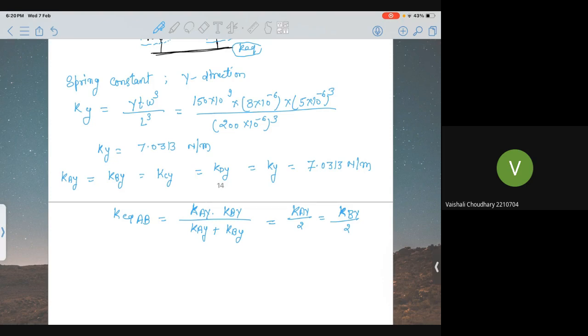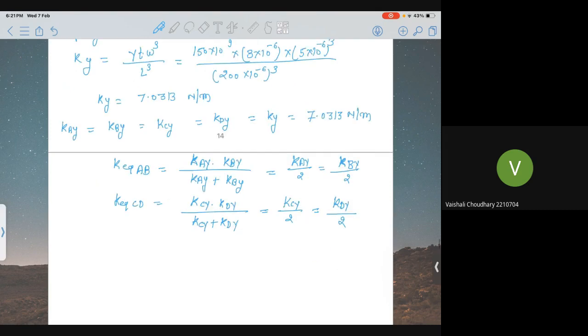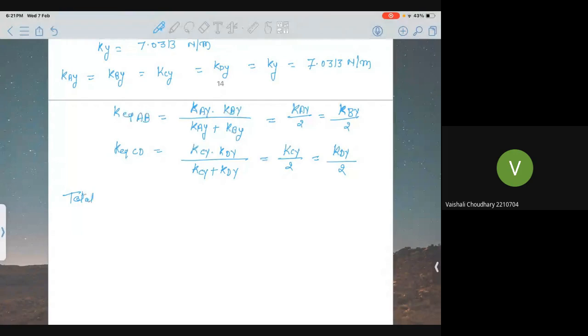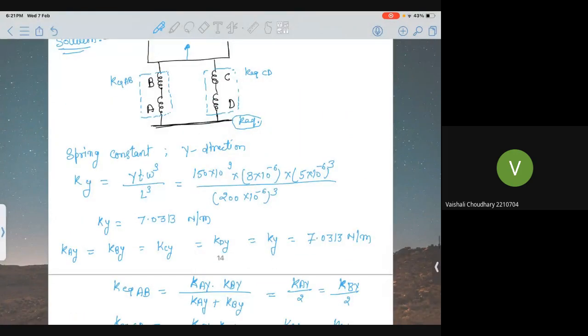Okay. Similarly, K equivalent for CD can be calculated as Kcy times Kdy over Kcy plus Kdy. Okay, we can write it in terms of Kcy and Kdy, right? Now the total stiffness constant of part 1.